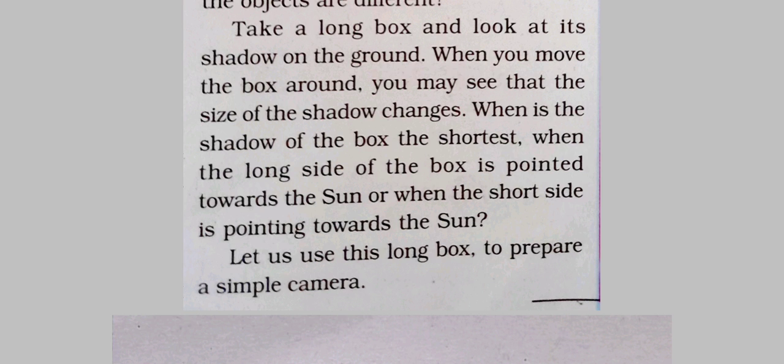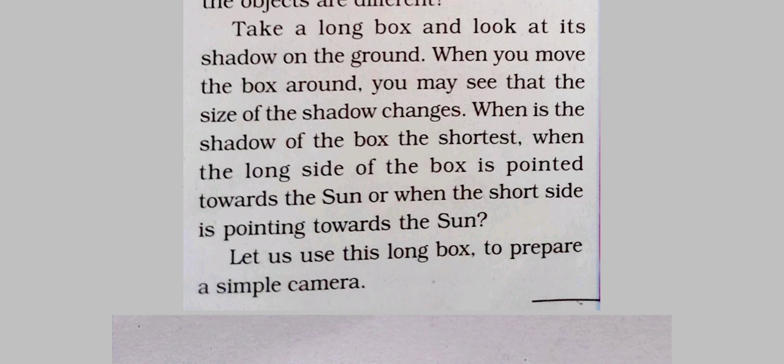When is the shadow of the box the shortest? When the long side of the box is pointed towards the sun, or when the short side is pointed towards the sun? So from this we came to know the characteristics of shadows.